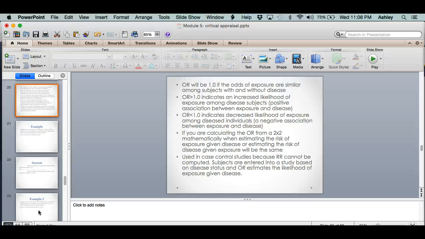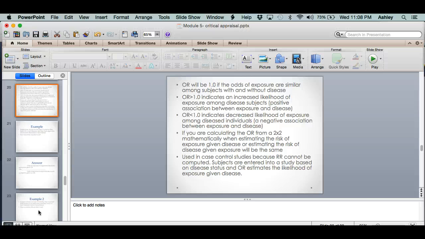And if you are calculating it from a 2 by 2 contingency table, when estimating the risk of exposure given disease, or estimating the risk of disease given exposure, it will be the same. And it's used in case control studies because RR, relative risk, cannot be computed.